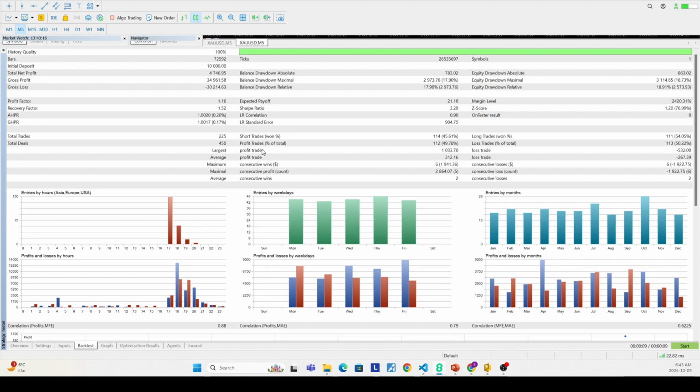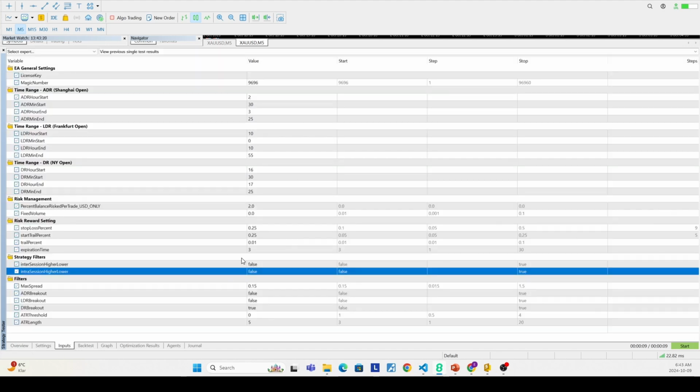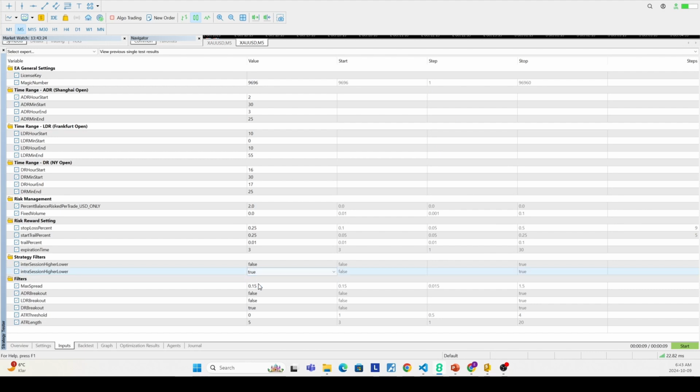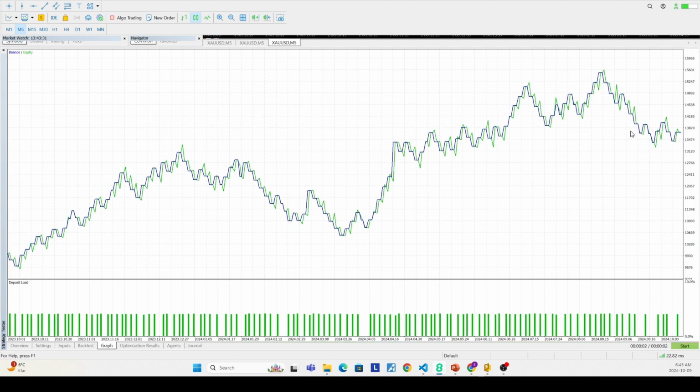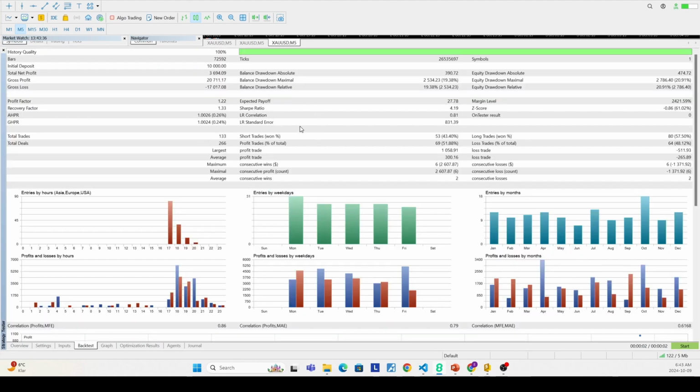So ultimately, this shows that there is some promise here. I will go back again quickly and now test, for instance, an intra-session filter. We can see that it did trade a bit less, so the returns are not going to be quite as good. However, our win rate did improve.